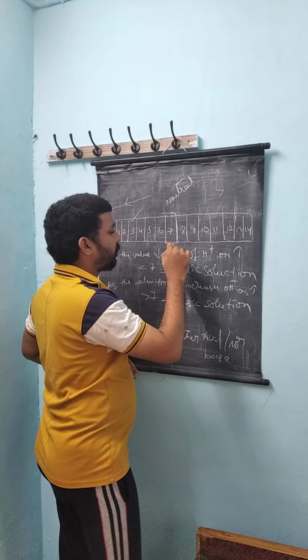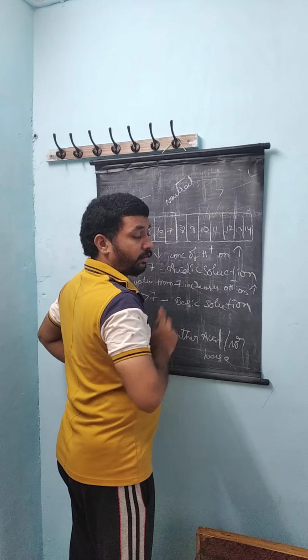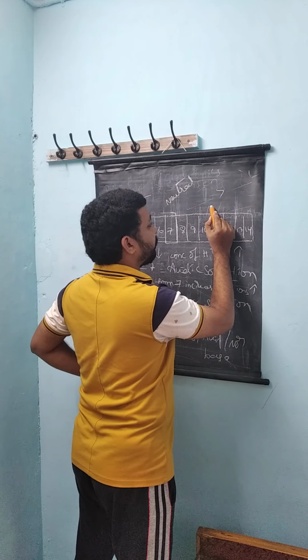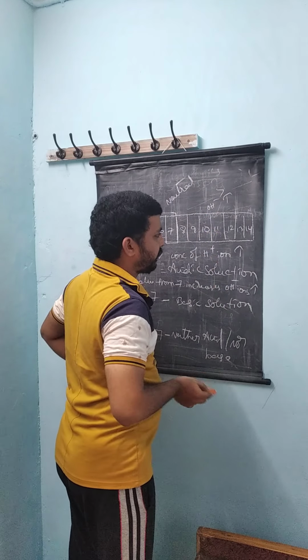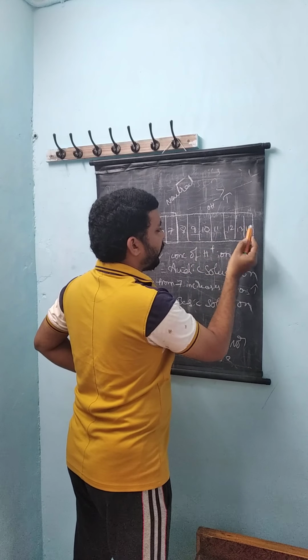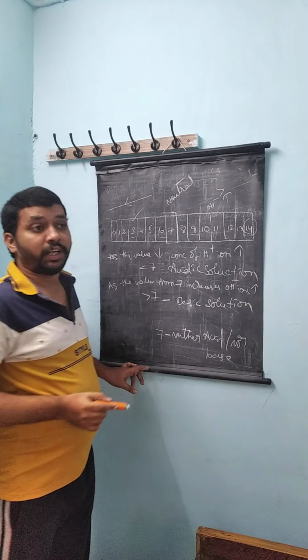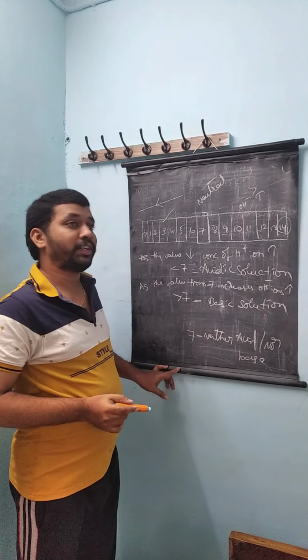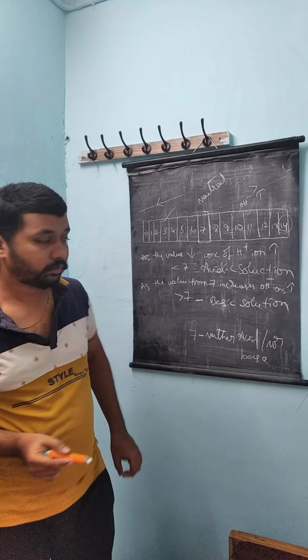When we consider values greater than 7, as the value increases, OH minus ions also increase, and compared to 9, if the pH value is 14, that solution has more OH minus ions. Okay.